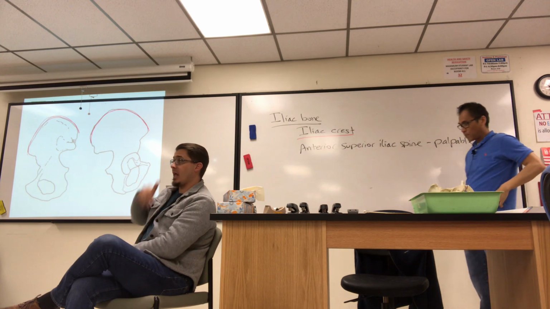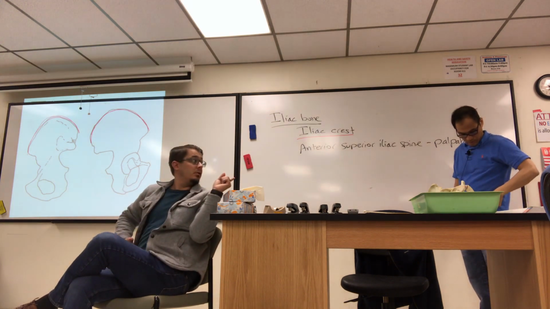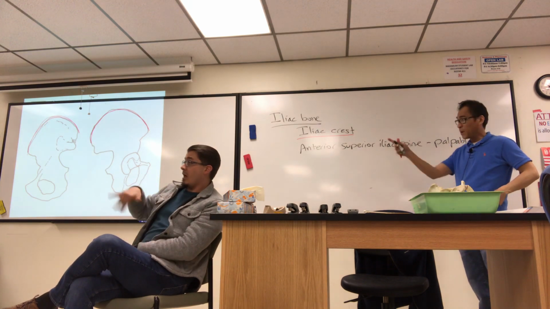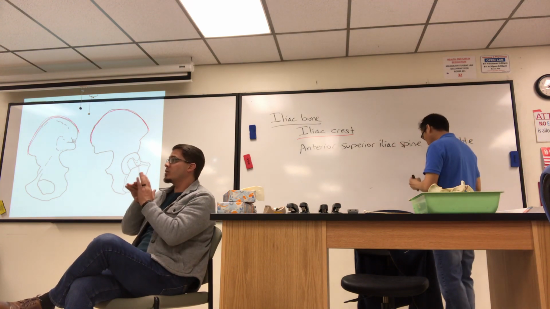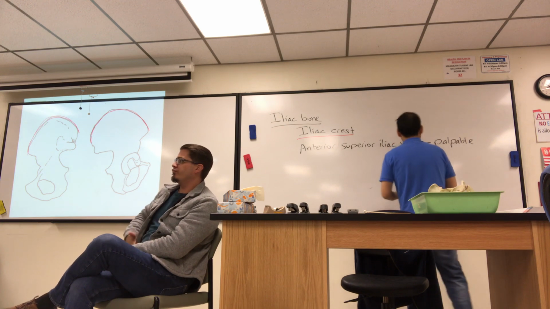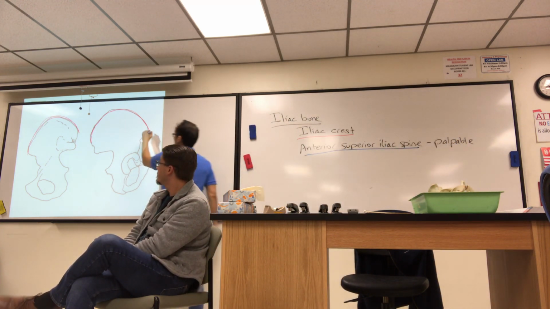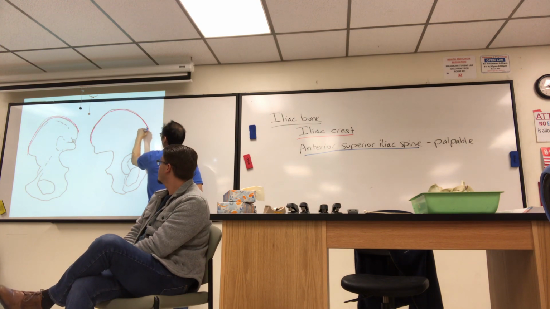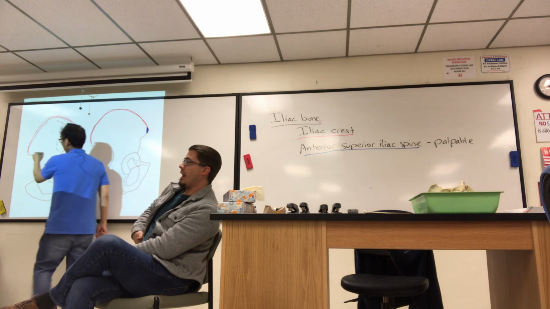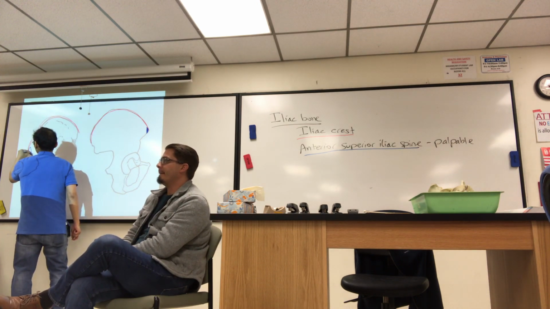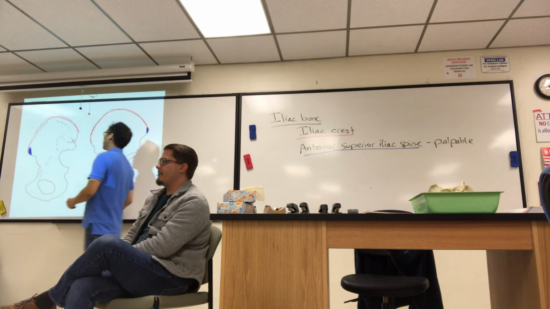So if you feel right here a big bony protrusion, that's it. And on the picture, it's approximately, let me use blue, this one. It's right here. On this view, it's about right here. The anterior superior iliac spine.